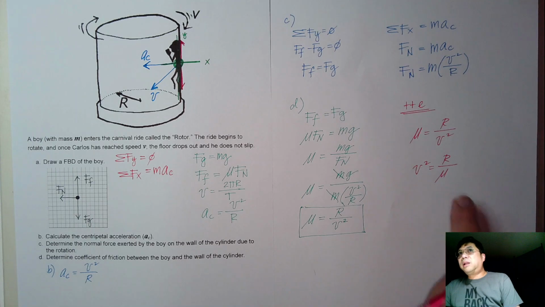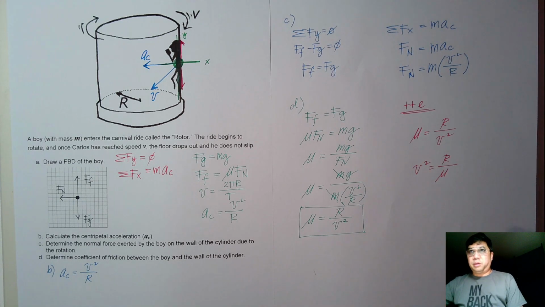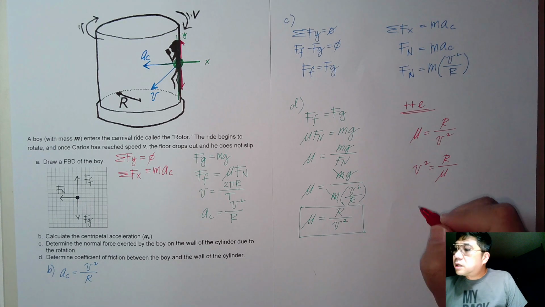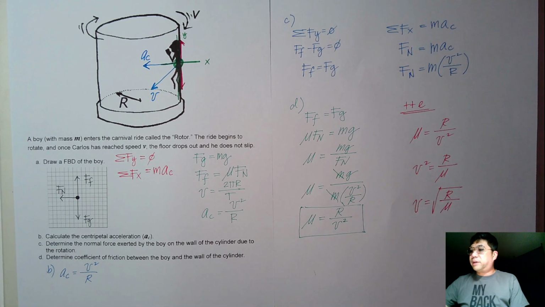But how will that roughness be good enough in order to hold you? Then you have to speed up the rotation, and that is at this speed, which is the square root of the ratio between gr and the coefficient of friction.